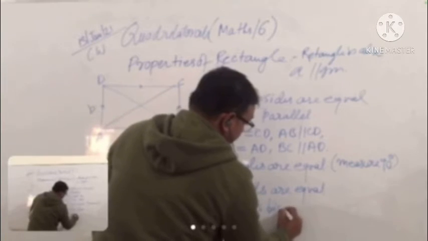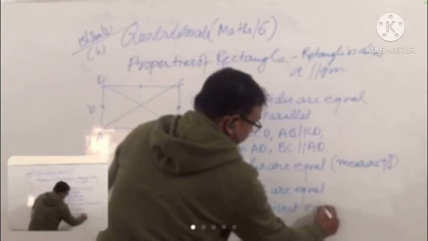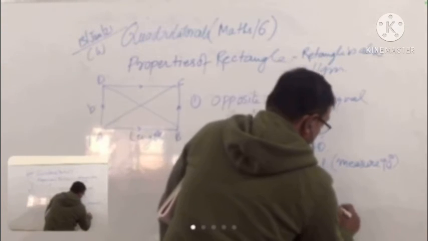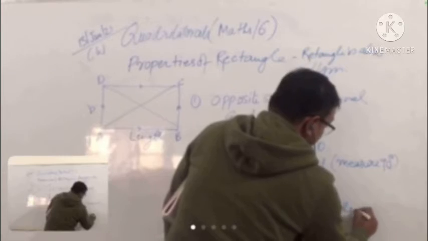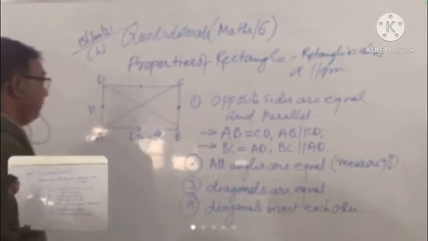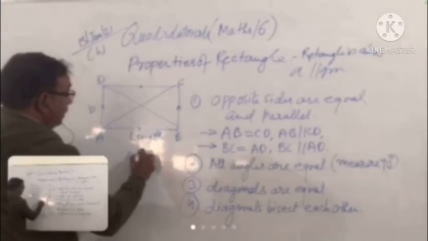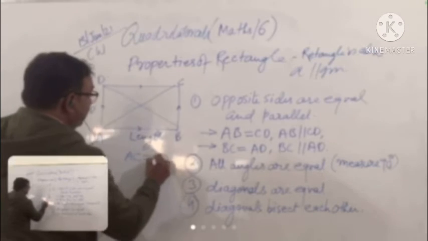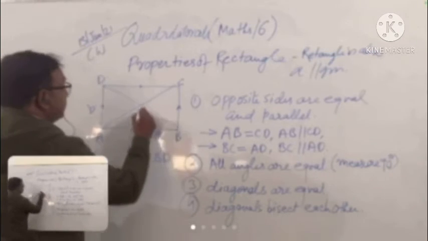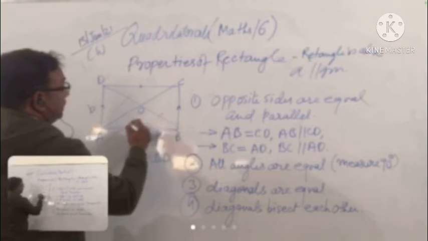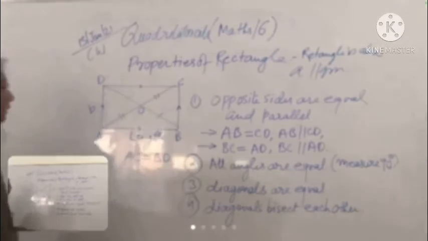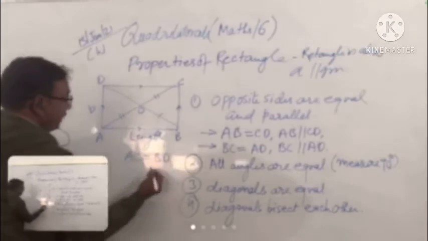In a rectangle the diagonals are equal and bisect each other, means the parts of the diagonals are equal to each other. Suppose the diagonals bisect at O, so BO is equal to OD and AO is equal to OC.